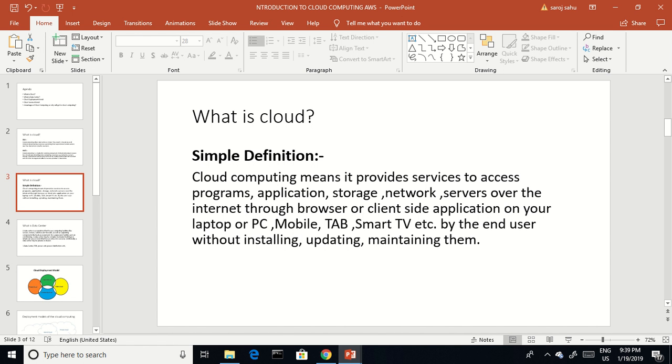But you have to have the internet and client-side devices like laptops, PCs, or tablets, so that you can access the cloud computing services through the internet. You can sit anywhere in the world, but you can access the cloud computing services.